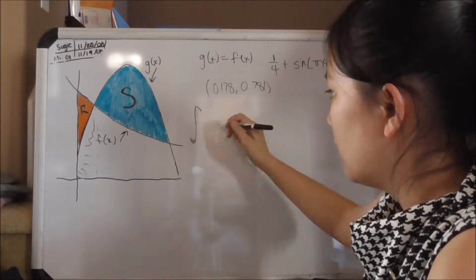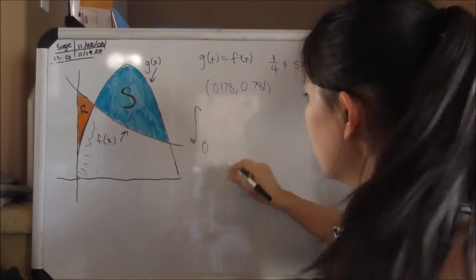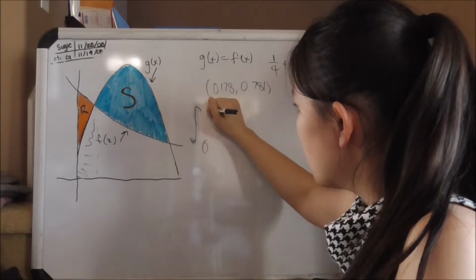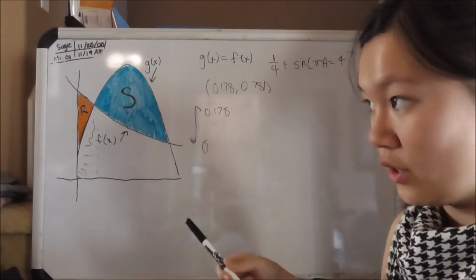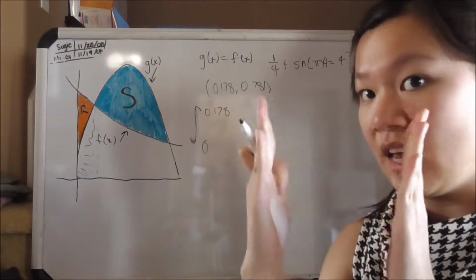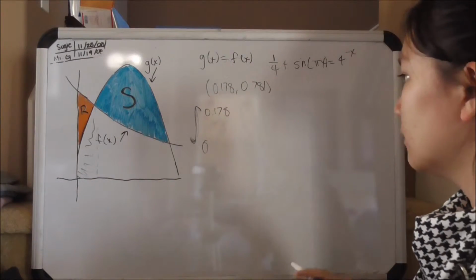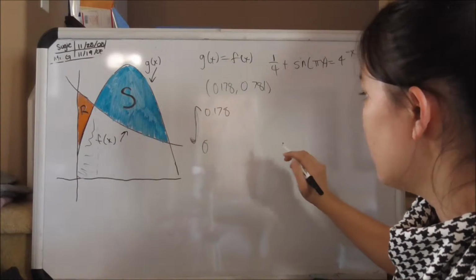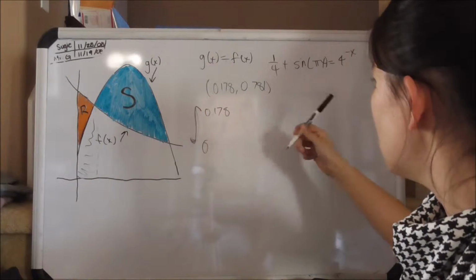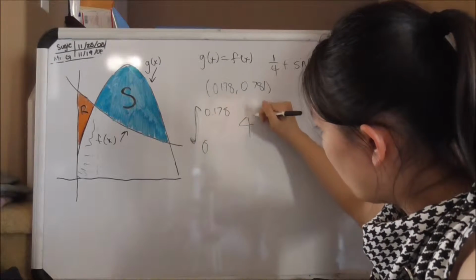So the integral of that from 0 to x equals 0.178, because we're taking this in relation to the distance traveled on the x-axis, not the y-axis. From 0 to 0.178, the top function is 4 to the power of negative x.